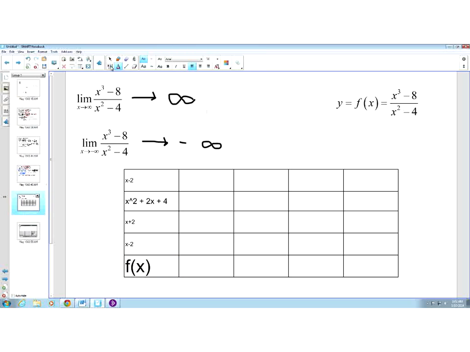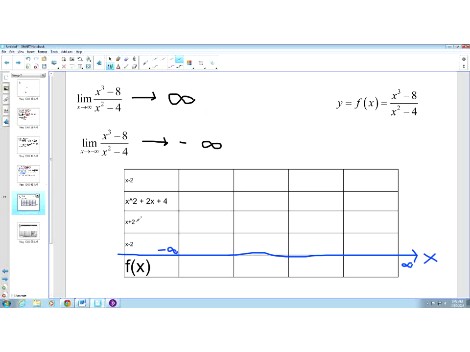All right, so let's fill in the table of signs. So we draw our x-axis. This would be minus infinity here, and this would be infinity here.